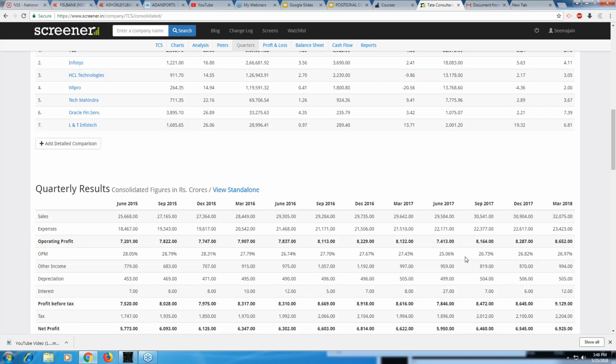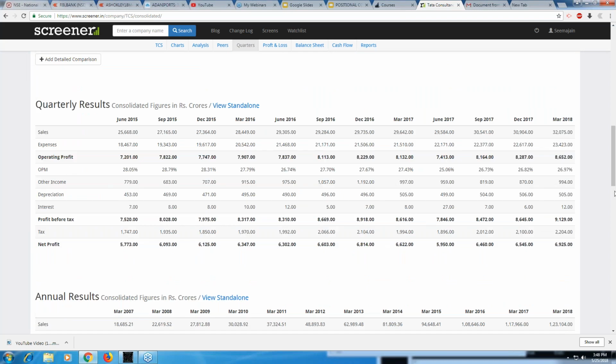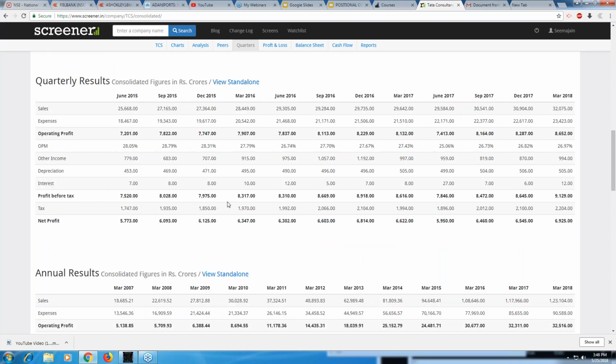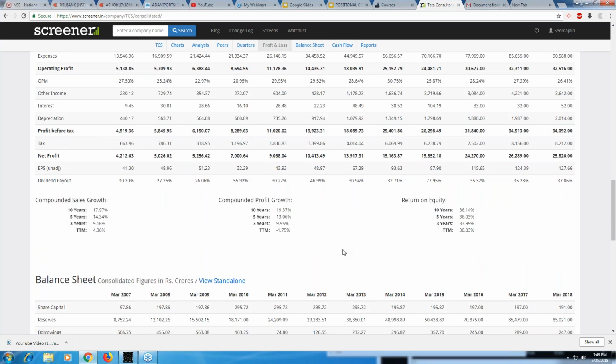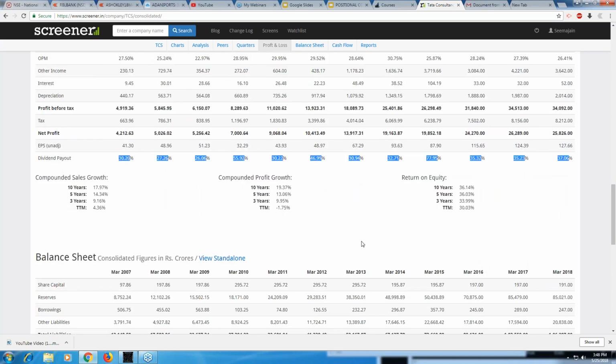You can see the sales over here, expenses here, and the operating profit margin and operating profits you can see, and then you can see how year-on-year the sales have gone up, expenses, how the profits have gone up, and how their dividend payout is, right, which is very, very good.